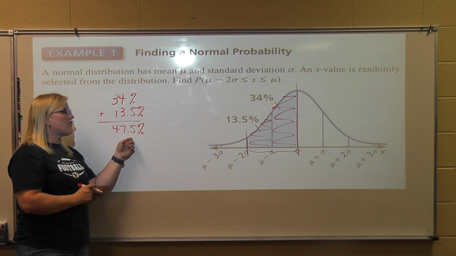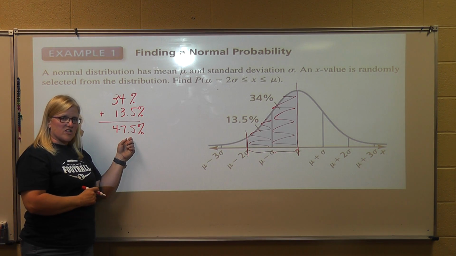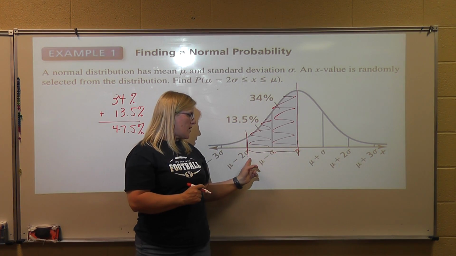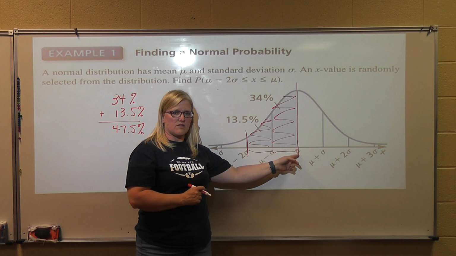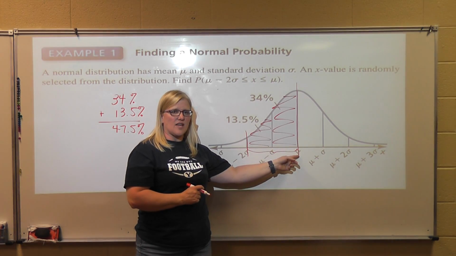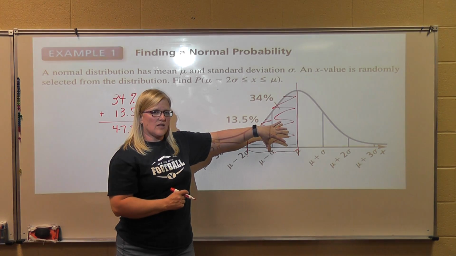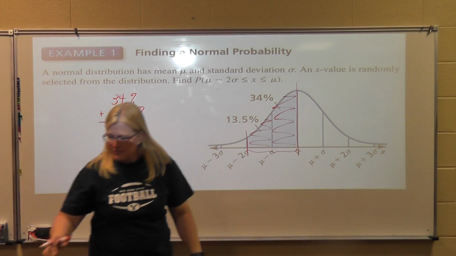Okay, so there is a 47.5% chance that x will fall between these two places. I hope that makes sense. So all you're doing is adding up the area, and that is the probability.